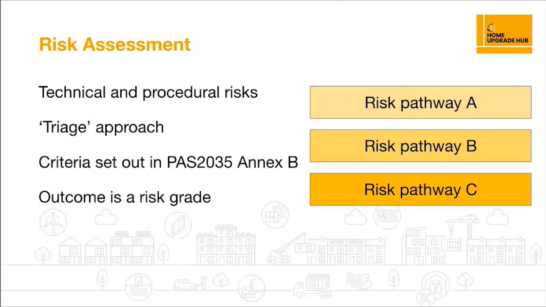Higher risk projects are B and C, and so they must involve a specialist design professional to ensure that they're adequately detailed and also specified. So really this is a key part of the whole process because it determines what follows.